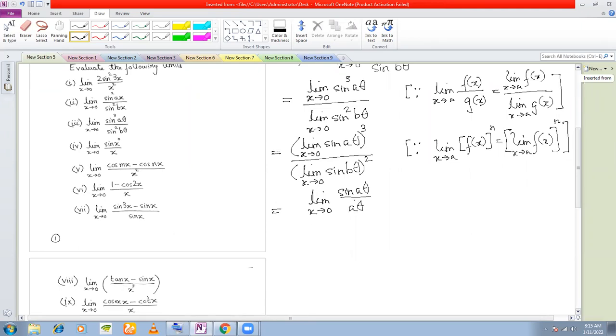And because we are dividing by a theta, we also need to multiply by a theta. This whole thing you have cube. Similarly in the denominator, I'm going to divide by b theta, and we are going to multiply also by b theta, right?